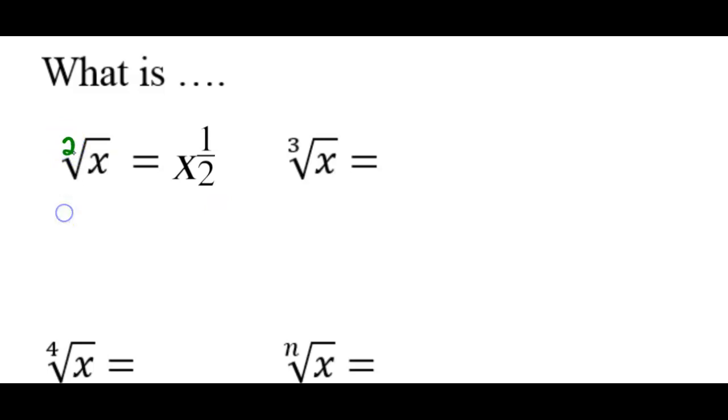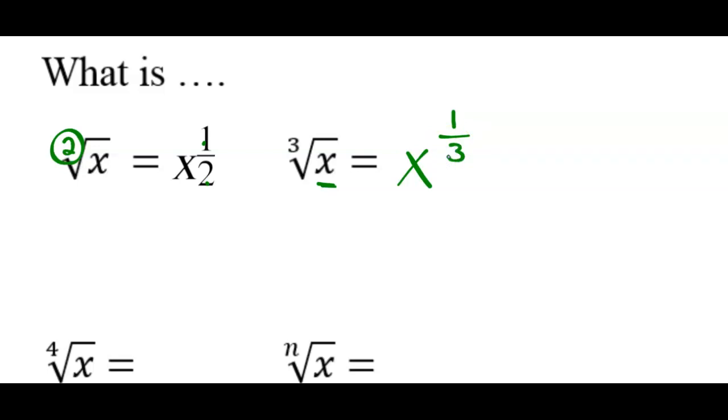So if that little 2's there, then what happens over here? What's this look like? Well, let's see. My base would come out of here, and my fraction is 1/2. So that's the same as this number. If that's true, then what's this exponent going to be? It's going to be 1/3.